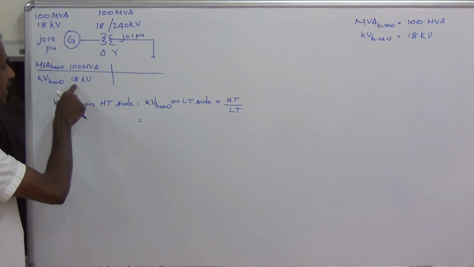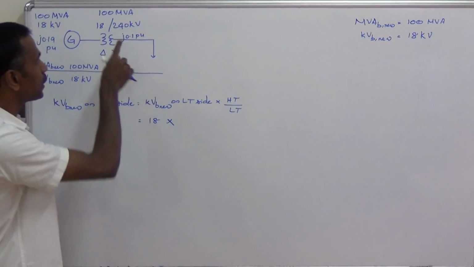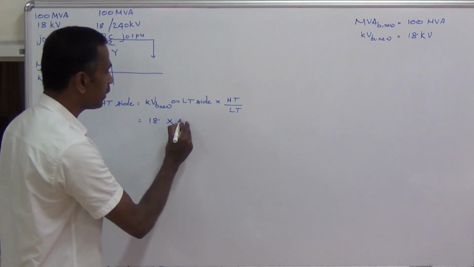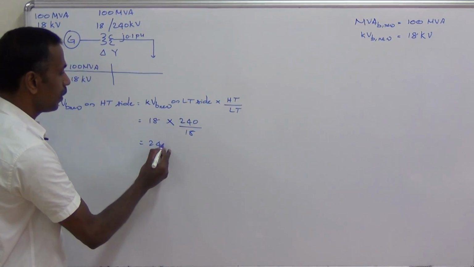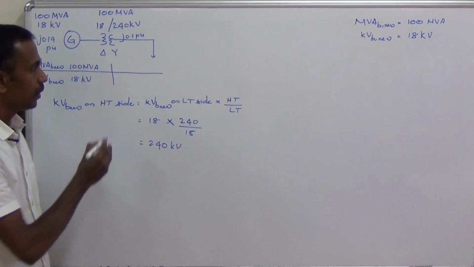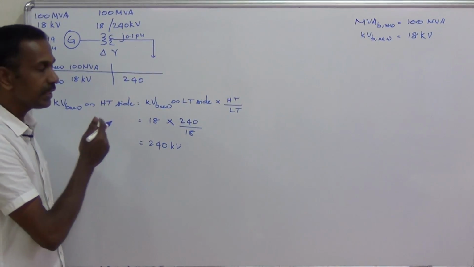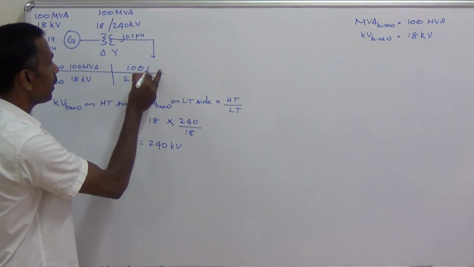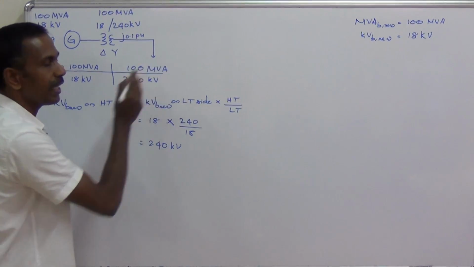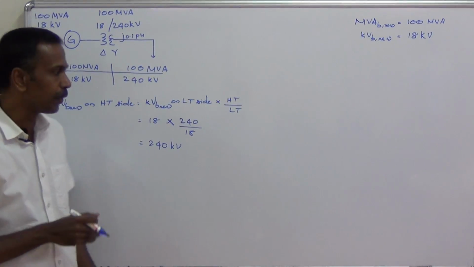On the low tension side it is 18 kilovolt. The transformer ratio is 240 by 18. And this is equal to 240 kilovolt. So this is the KV base new on the high tension side of the transformer. Throughout this power system, the MVA base new will be 100 MVA. When the voltage increases, obviously the base currents will reduce.